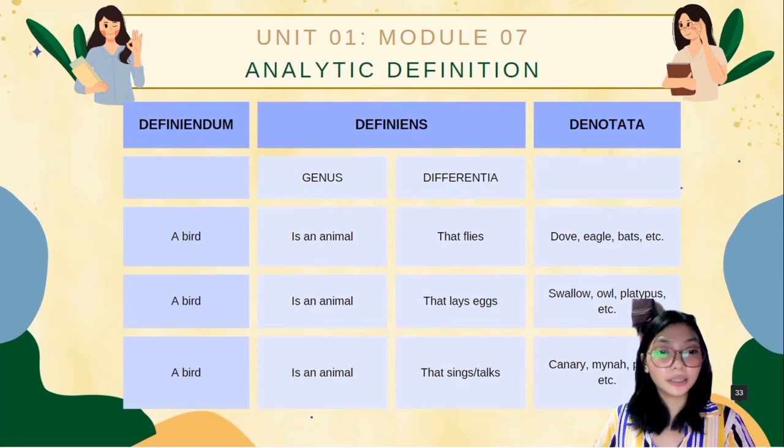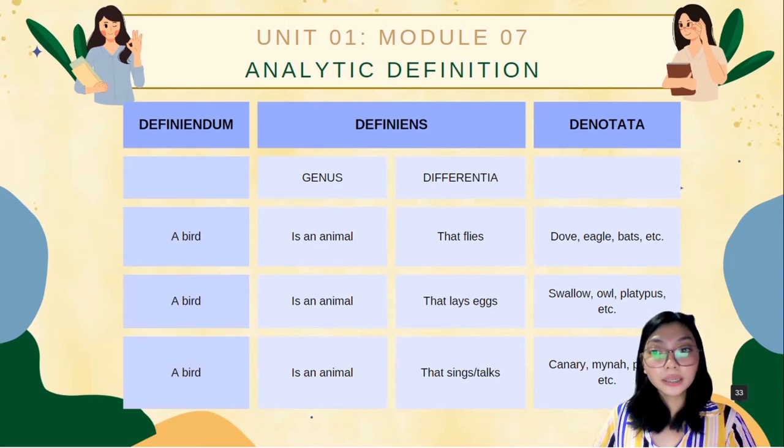Our genus is animal, and our differentia are those that fly, that lay eggs, that sing and talk.